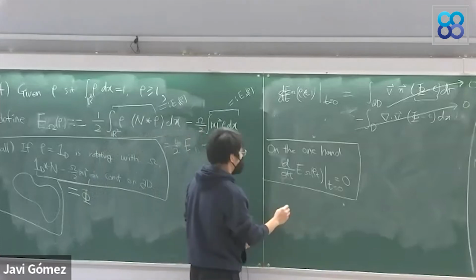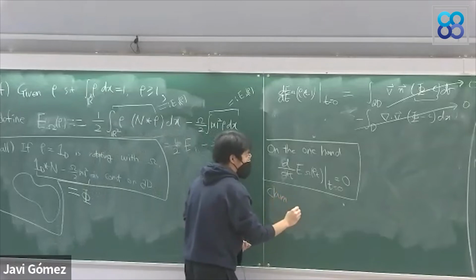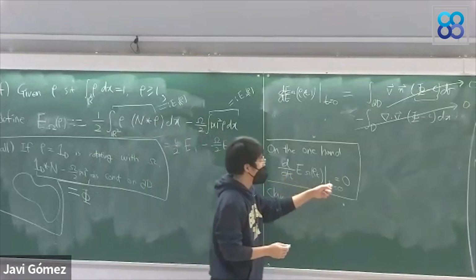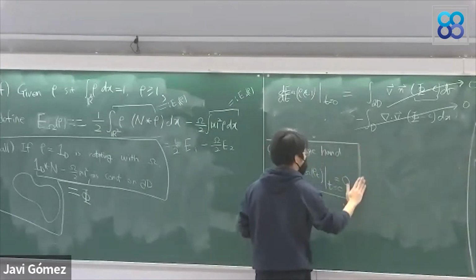We have like 15 minutes. So now we claim that if this is zero, in other words, this one, which is equal to this one, so V times direct V. Right.